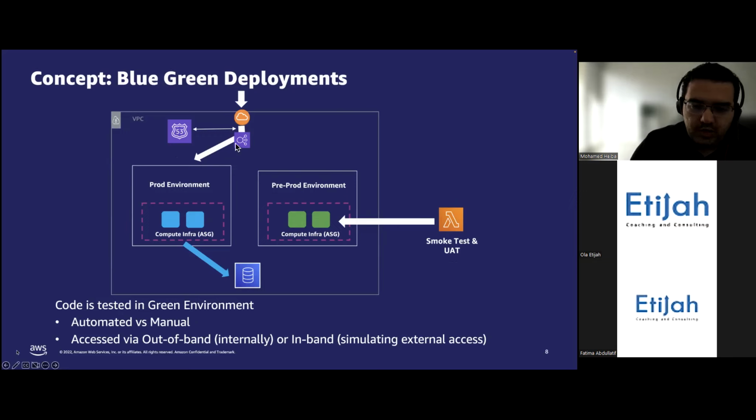So there are two advantages here. I think you already got it, but just to make sure. Number one is that I can test everything on the green environment first without affecting my people that are working on version 1.